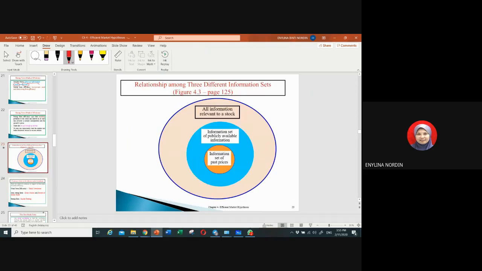Look at the smallest circle here. That represents the information set of past stock prices.